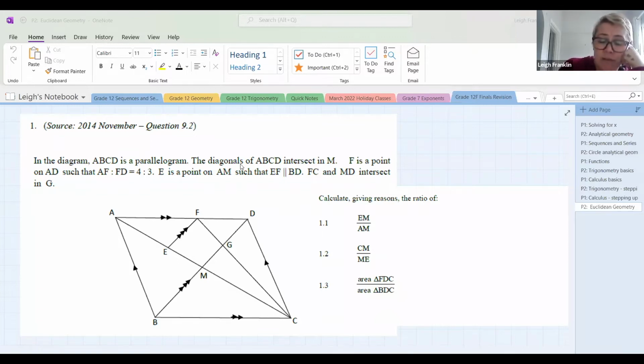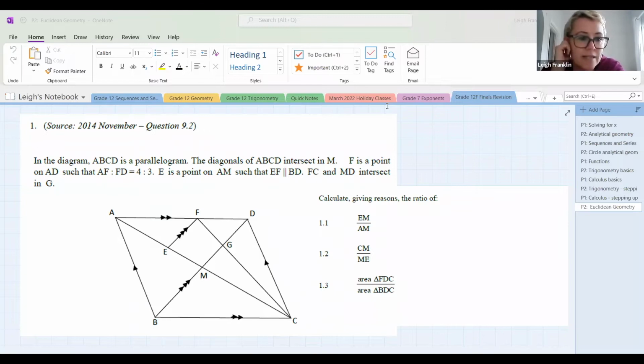In a rhombus, the diagonals will bisect the corner angles. In a parallelogram, that is not true. So make sure that you've learned the properties of parallelograms so that you're able to answer these questions, because knowing those properties is what's going to help you do the question.